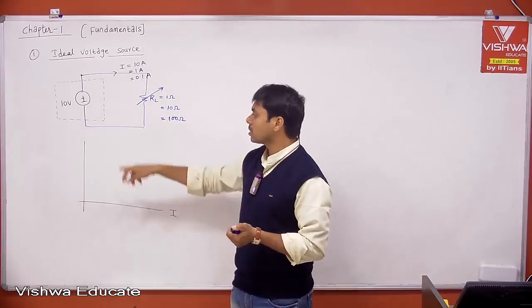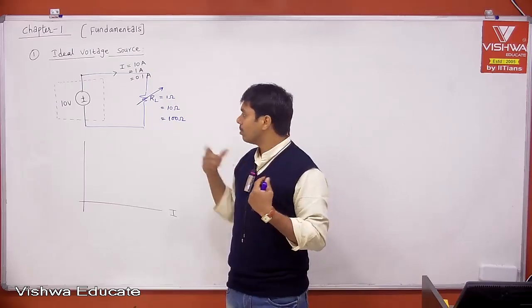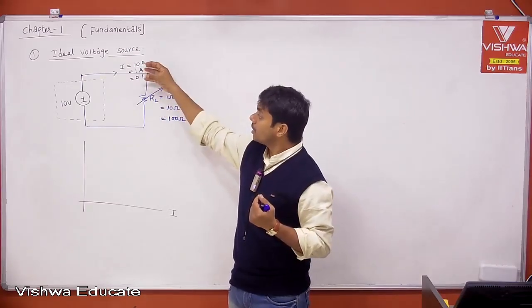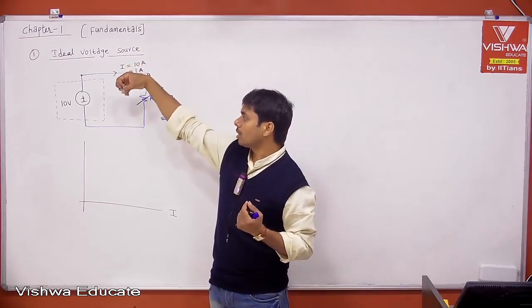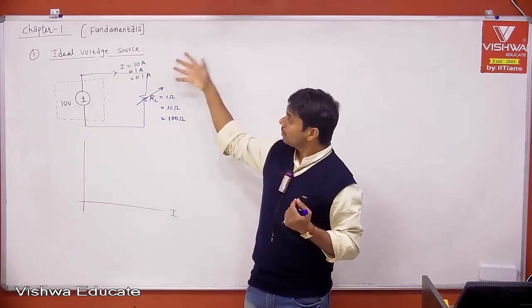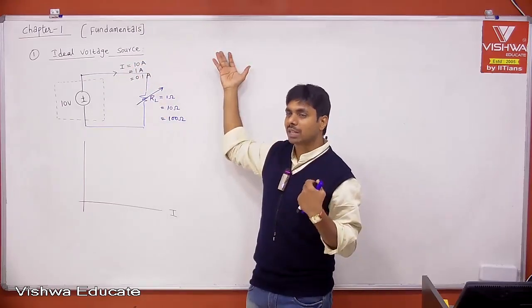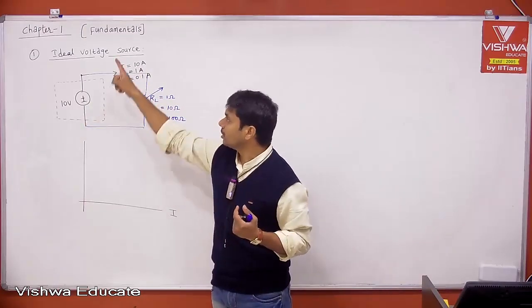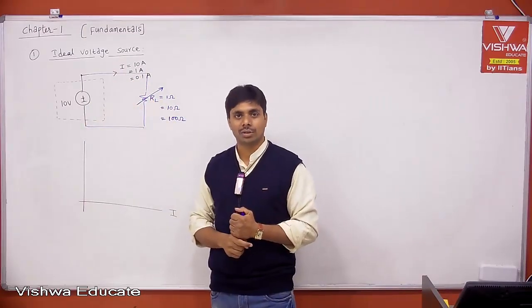Therefore, which is the x-axis, which is the y-axis? Load can be anything, which is translated into current variation. The current you are trying to draw from your voltage source can be anything. But I am expecting a constant output voltage from the battery, then only that is called an ideal voltage source.